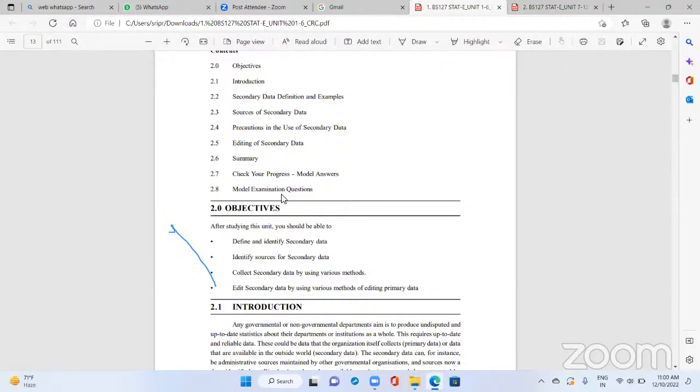This primary data can be used for various benefits in the running of the government.